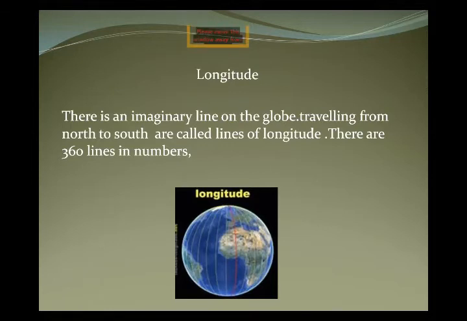Lines of longitude join at the poles and are farthest apart at the equator. Mark in your mind, I'm going to repeat this again: the distance between any pair of lines is equivalent to 1 degree. Hope you understand longitude. Now I'm going to explain latitude.